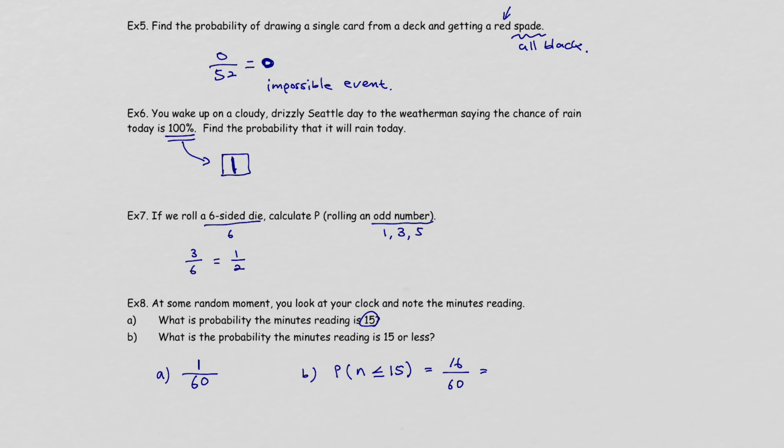That will give you 4 out of 15. And don't forget the reason it is 16 is because here it is 0 through 15, not 1 through 15, it could be 0.